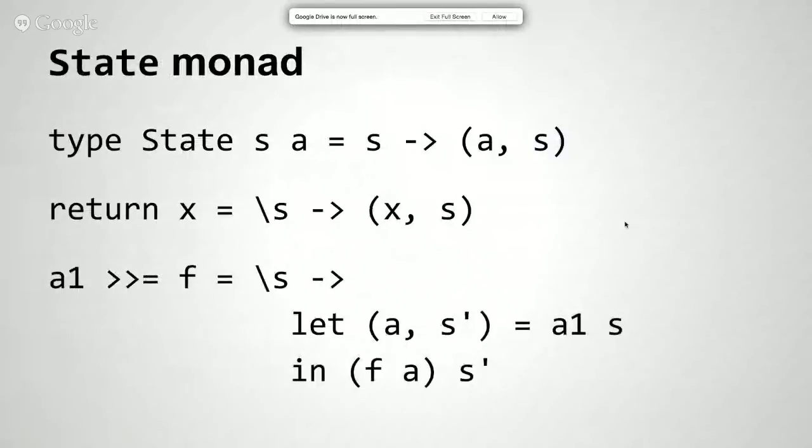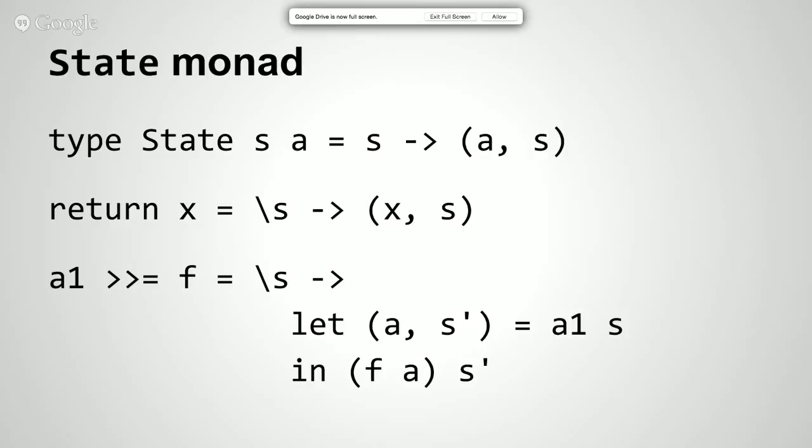So the state monad is defined like so. Return x is the function, and again, in the real state monad there's a wrapper constructor around it, but in this case it's the function that takes an s and returns that x without any effect on the state.